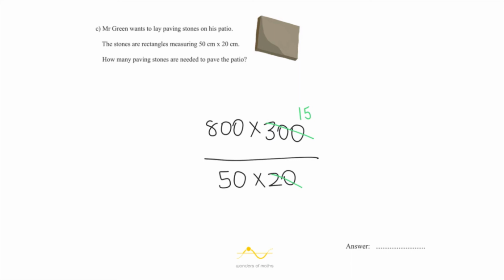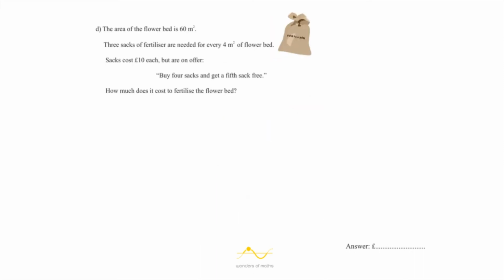Next, cross-simplify the 50 and the 15, leaving you with 3 on the numerator and 10 on the denominator. Finally, you are going to cross-simplify the 10 and the 800, leaving you with 80 times 3 on the numerator. This means if you do 80 times 3, you are left with 240, which is your final answer. Let's move on to the next question.